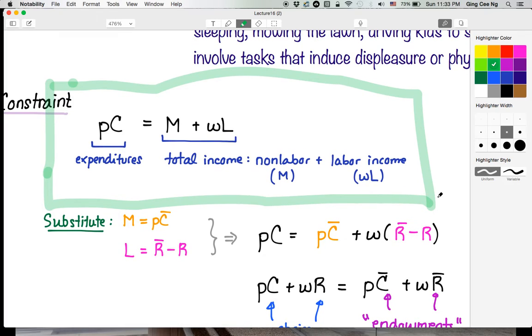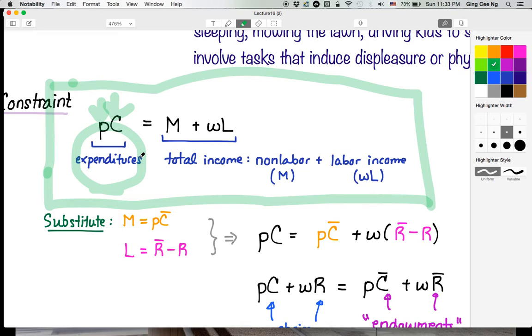All right, so let's focus on this thing here. On the left-hand side, we have a price times quantity: the price of all consumption goods multiplied by the quantity of consumption that we're having. That's your total consumer expenditures.